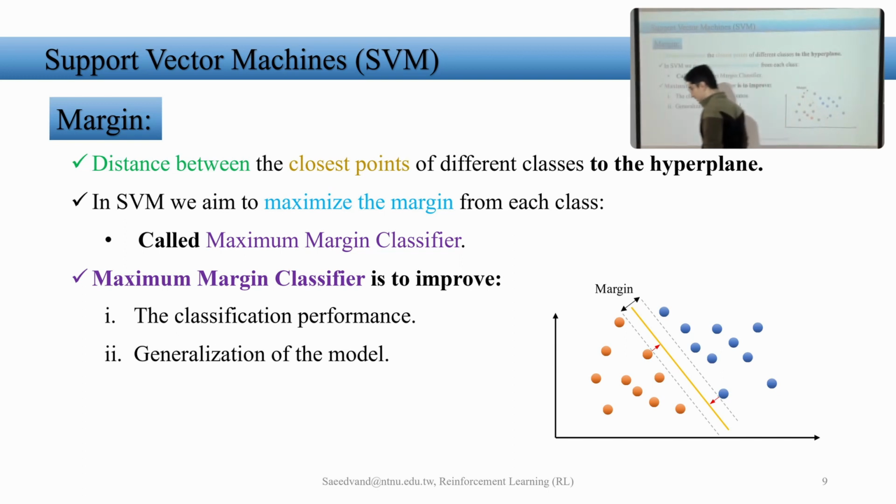So visually you can see the margin over there. These are the data. And the distances between the edge support vectors, so we call them support vectors, and the hyperplane that we have, this area is called the margin. And what is the maximum margin classifier trying to do?